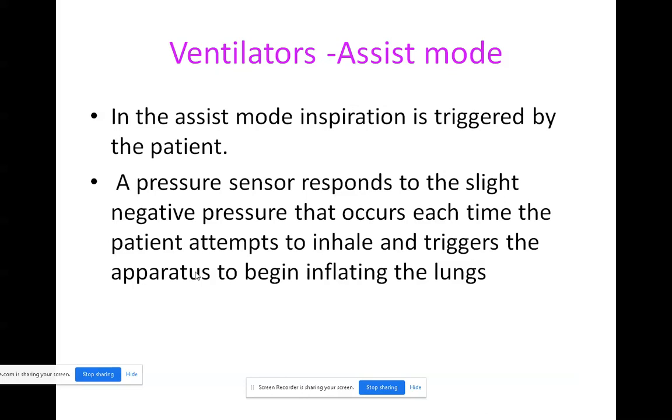This pressure sensor will sense the negative pressure, which is due to improper, insufficient ventilation to the patient. So by sensing that pressure, you will be triggering the assist mode, that is, the ventilator will be on. This is done by the patient whenever he is getting insufficient oxygen to the body. At that time he will trigger the ventilator device.